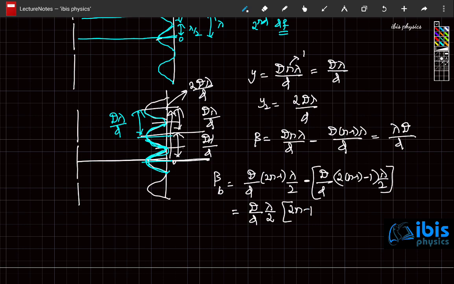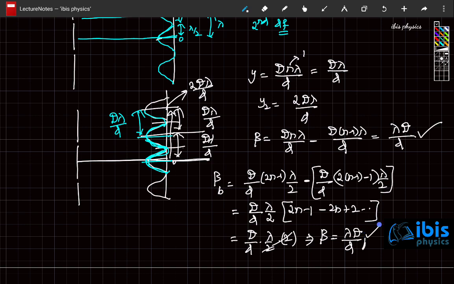So it is (2n minus 1) minus (2n minus 3), when you multiply out the 2 and subtract. When you do all this, you get D by d into lambda by 2 into 2. So you get the fringe width of the bright fringe is also lambda D by d. See, whether it is a bright fringe or a dark fringe, they both have the same fringe width.